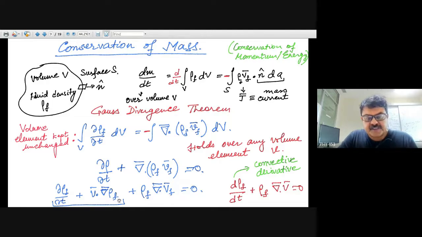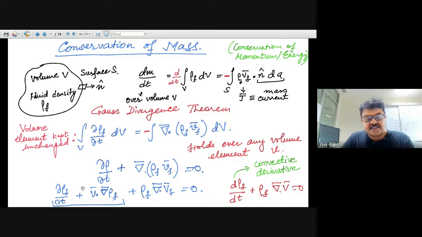A combination of the first two terms gives the so-called convective derivative. What's the difference? Suppose the fluid is flowing and the volume element itself is changing shape as a function of time.